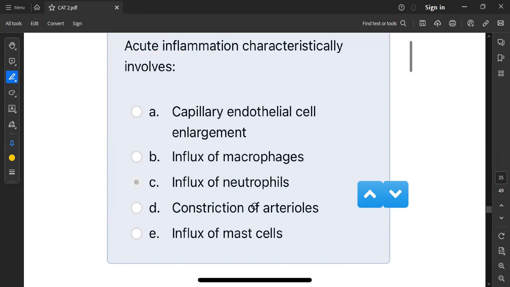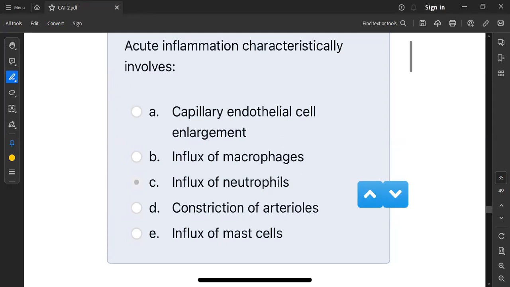Question 40. Acute inflammation characteristically involves, let's put it in the chart. Yeah, C. So remember, when you have acute inflammation, we have an offending pathogen in a specific place in the tissue.